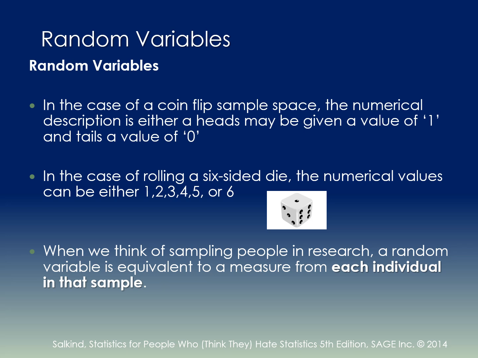And here's what I mean by this when you start getting into random variables. In the sample space of the coin flip, the numerical characteristics or descriptions are either going to be a 1 or a 0, because that's all that can happen. However, in the case of rolling a 6-sided die, the random variable can be either a 1 or a 2 or a 3 or a 4 or a 5 or a 6.